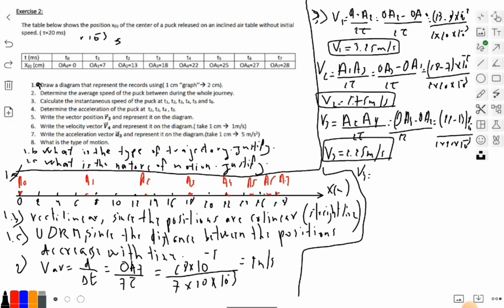V4 equal A3A5 over 2 tau, it's equal to OA5 minus OA3 over 2 tau, equal 25 minus 18 times 10 to the power minus 2 over 2 times 20 times 10 to the power minus 3. So V4 is equal to 1.75 meter per second.